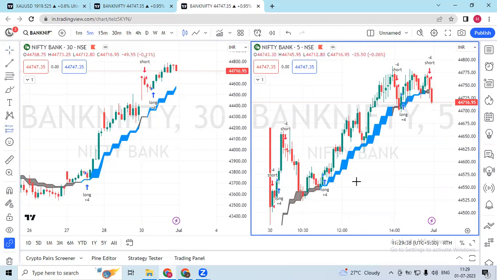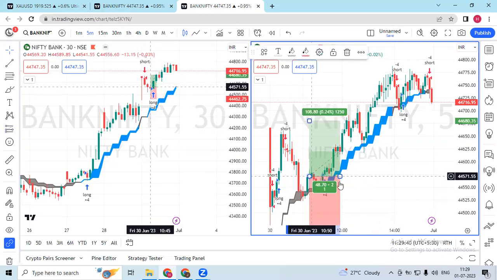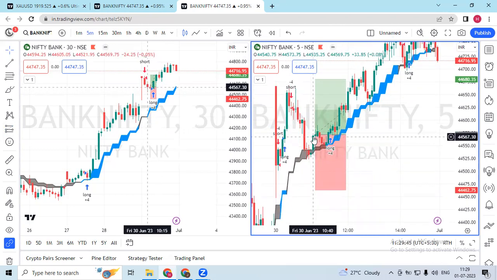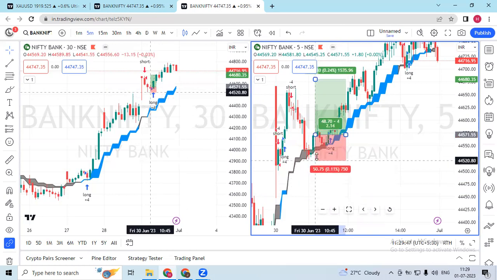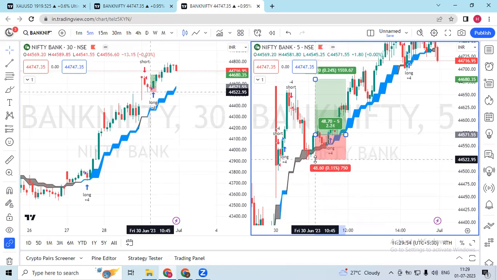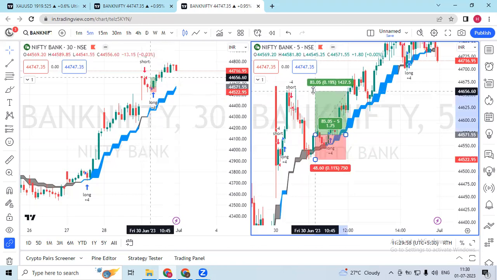So here you are supposed to get your entry done at this place. This is your entry candle. You are supposed to keep your stop at the candle previous to the entry candle, and you are supposed to take profit at 1 is to 2.